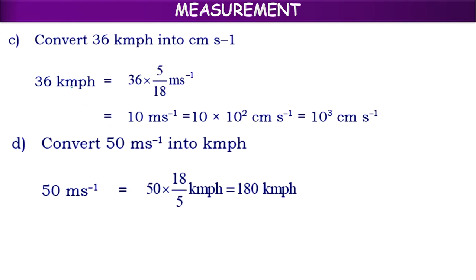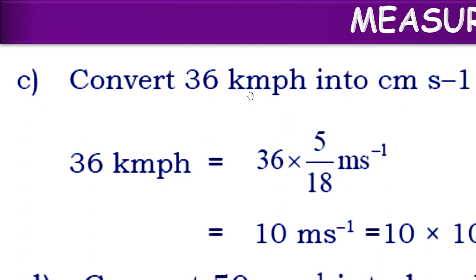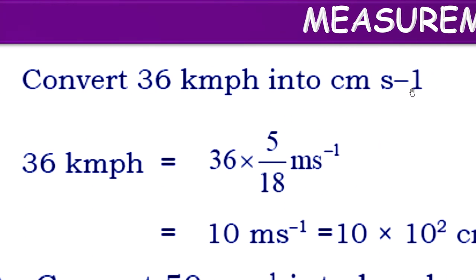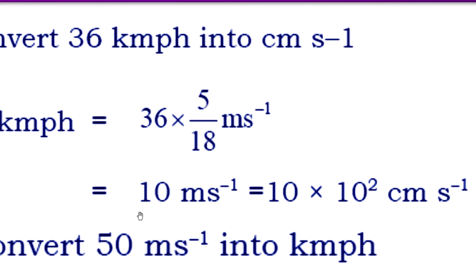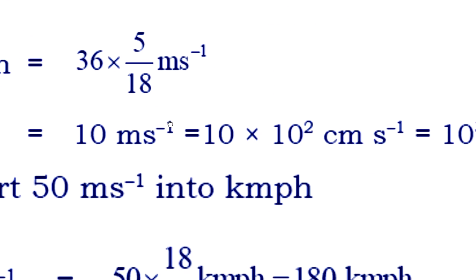Next one. Convert 36 kmph into centimeter per second. Not meter, children, centimeter per second. First we have to change into meter per second, then we have to change into centimeter. So here, children, 36 kmph can be converted into meter per second by multiplying with 5 by 18. 18 2 times 36, 2 5 times 10. 10 meter per second.